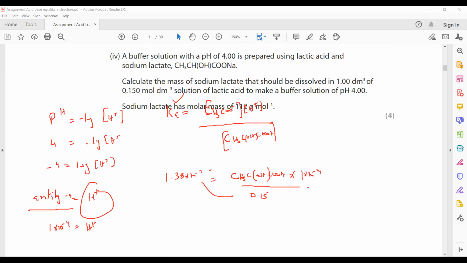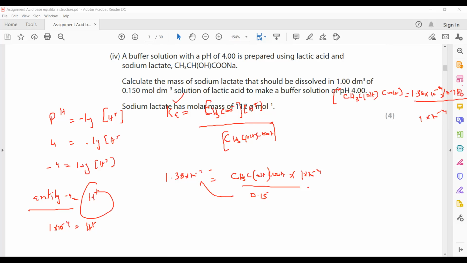So we'll just solve this. That will be the concentration of lactate ion. So 1.38 into 10 to the power minus 4 multiplied by 0.15 divided by 1 exponent minus 4.